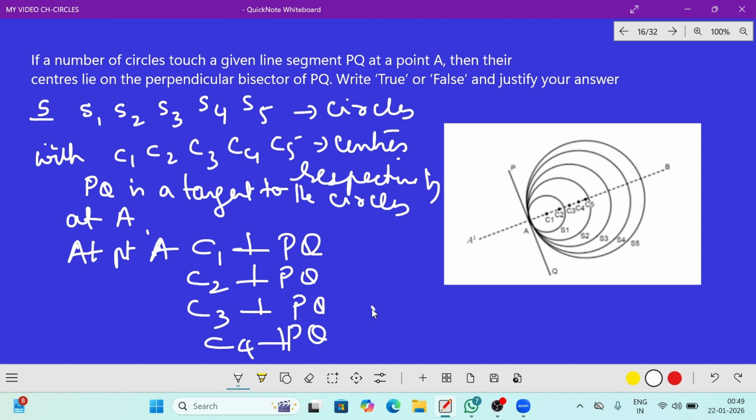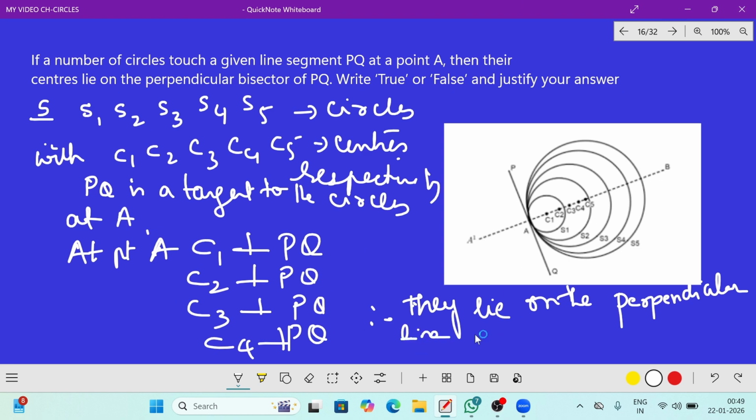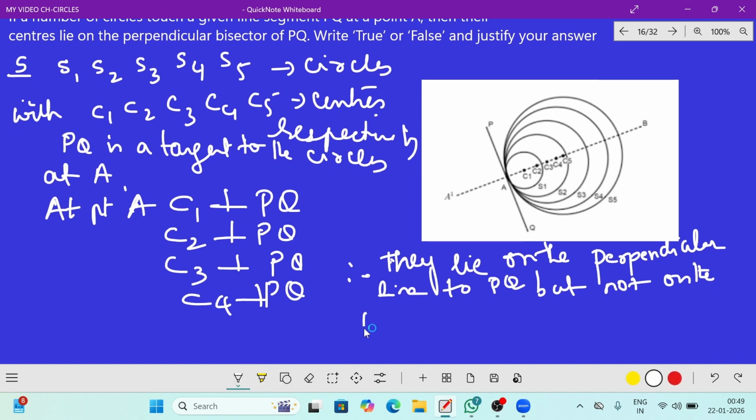Therefore, they lie on the perpendicular line to PQ, but not on the perpendicular bisector as PA.